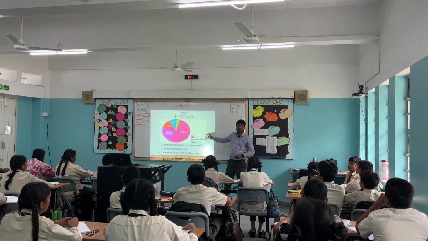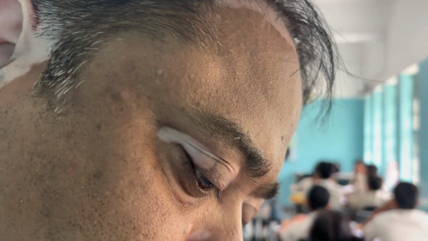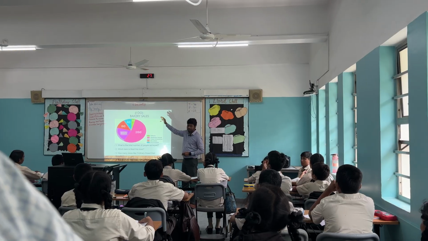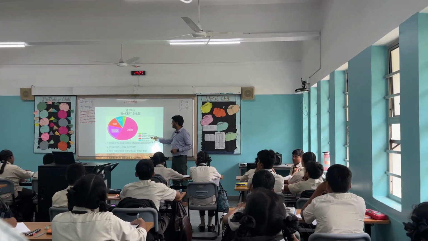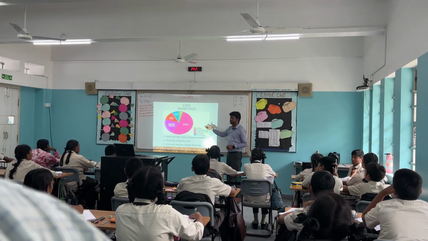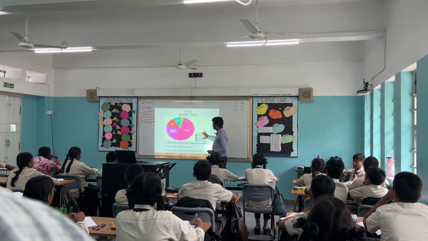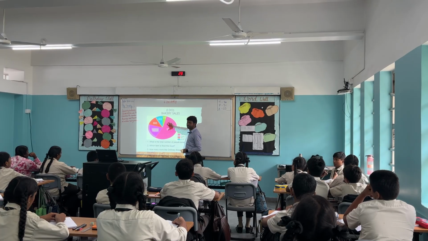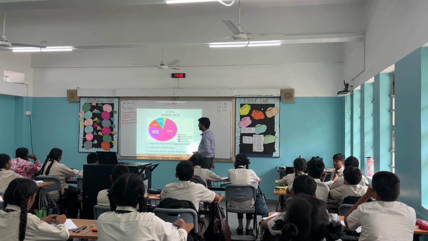They surveyed the materials of a bakery: ordinary bread, cake and pastries, biscuits and fruit breads, and other materials. They represented that data in the form of a pie graph.